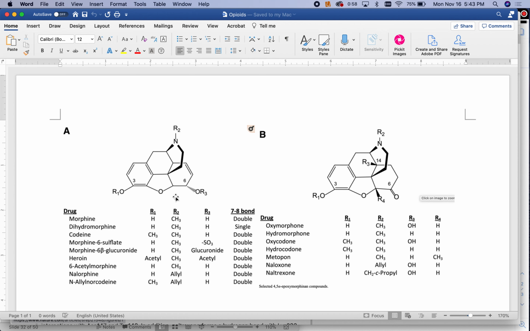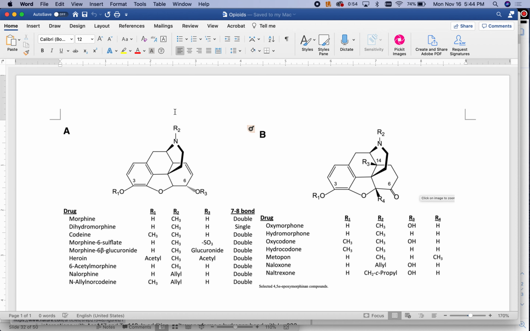These are the gamut from morphine, codeine, which you can get in cough syrup formulations. You'll notice even oxycodone, the drug Michael Jackson died overdosing on, sometimes called Oxycontin as the trade name.